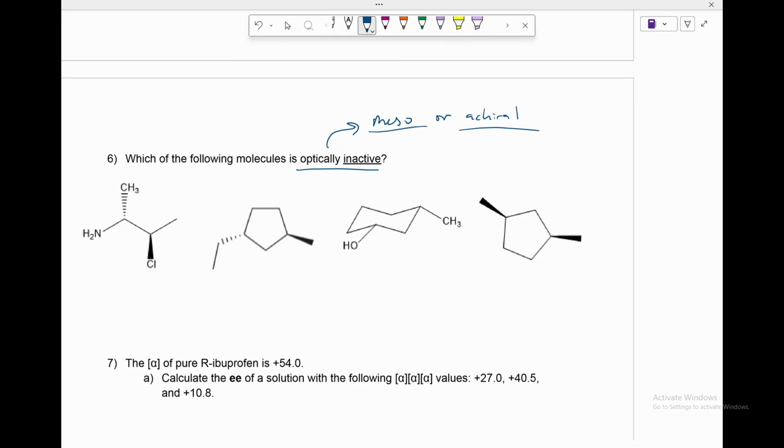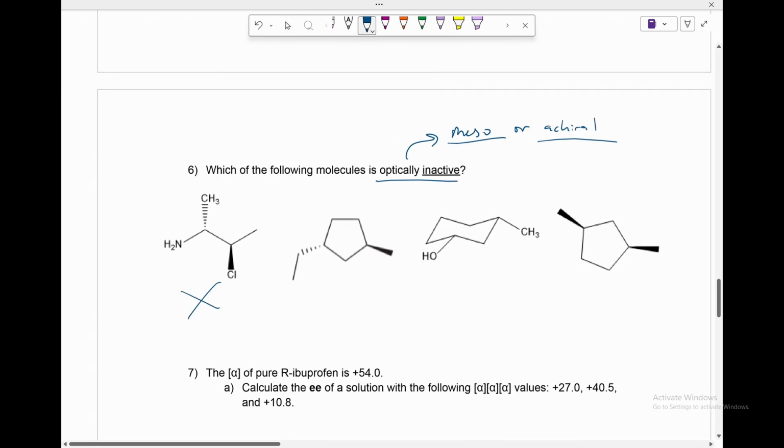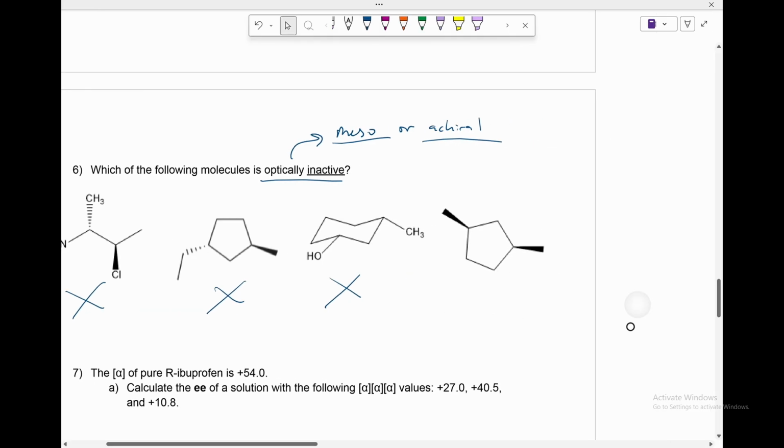Let's see. There's no plane of symmetry here, so this is chiral, meaning optically active. This is not symmetrical at all. No symmetry here, so it's not a meso compound. This one is a meso compound, so this is optically inactive. Cool.